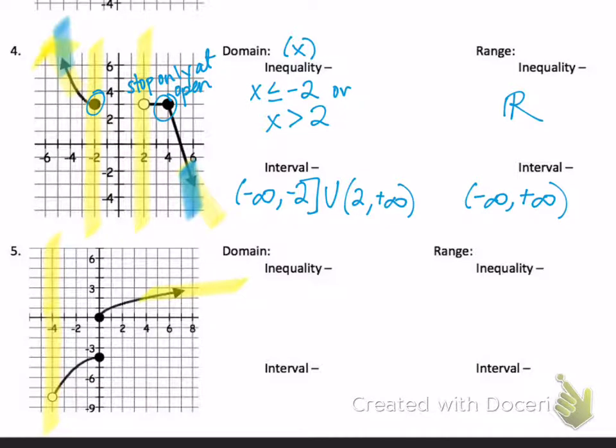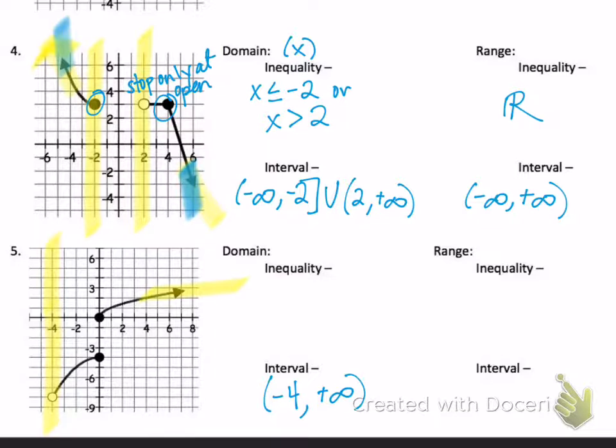So we can start with interval, since we prefer that. So I start at -4, and would that be a parenthesis or a bracket? A parenthesis, and then I go to where? Positive infinity.